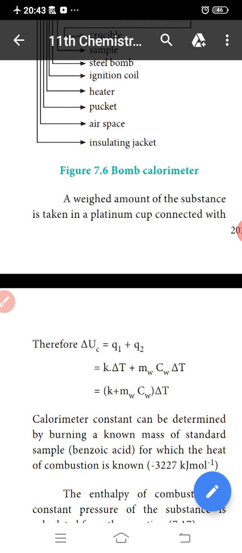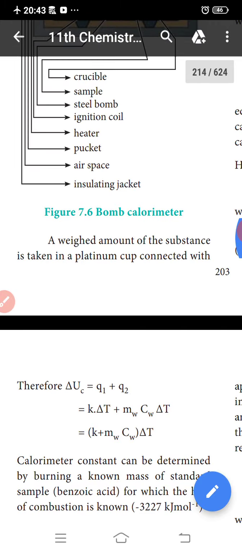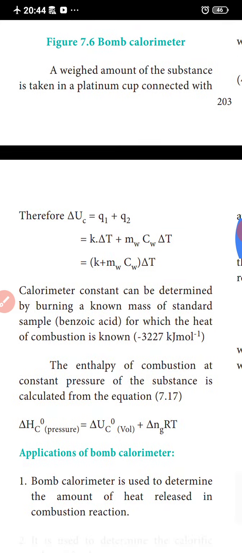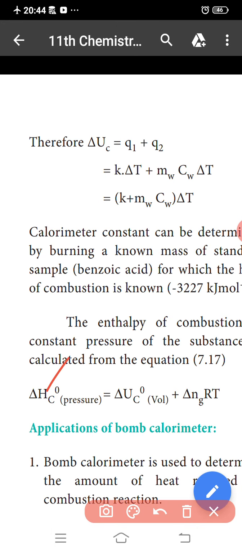The enthalpy of combustion at constant pressure of the substance is calculated from the equation del H of combustion is equal to del U of combustion plus del n g RT.